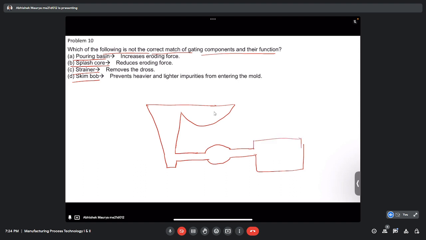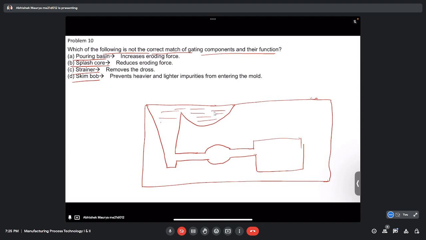This is our cavity. And this is the pouring basin, and this is the cavity or mold cavity where we have to fill the molten metal.